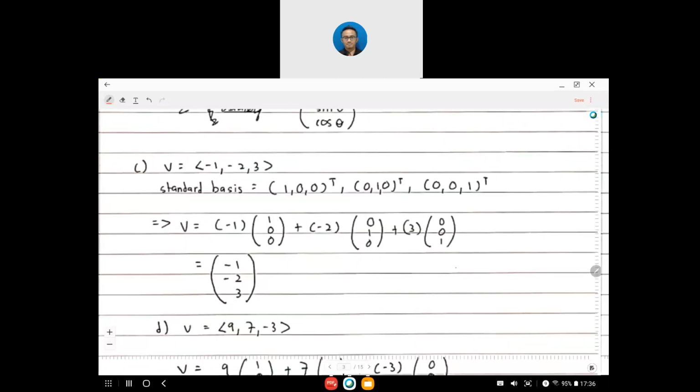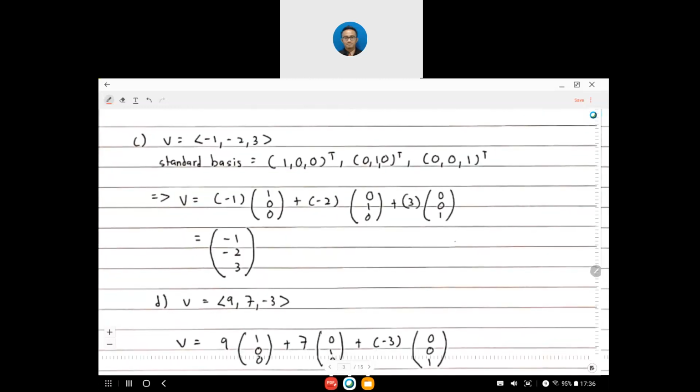And then C, negative i minus 2j plus 3k. Make sure you put the vector symbol.